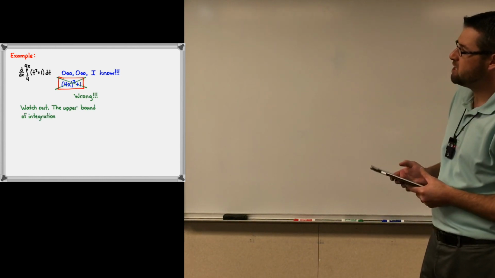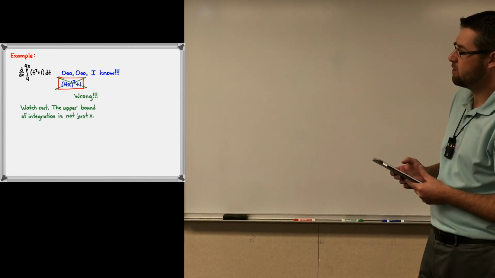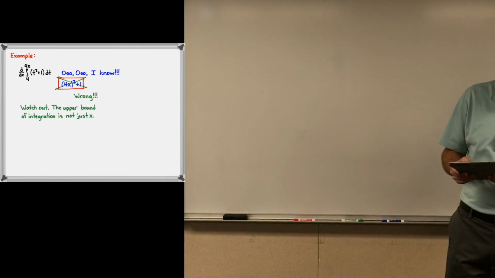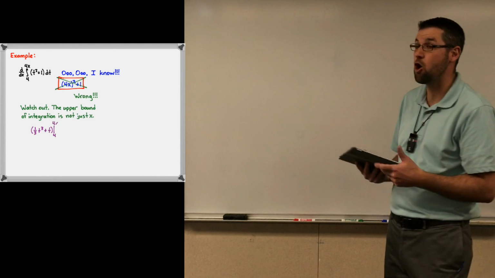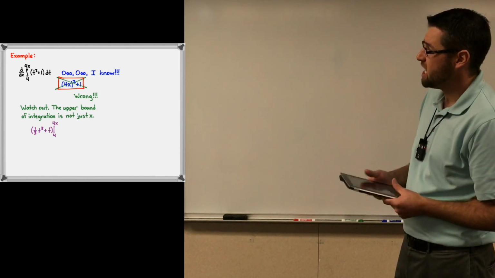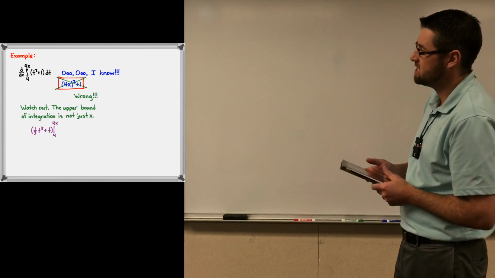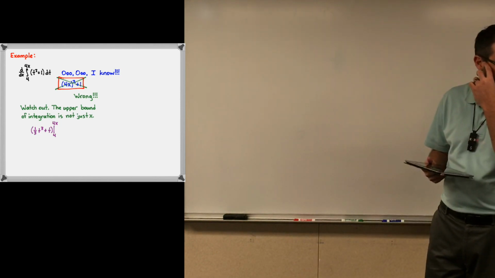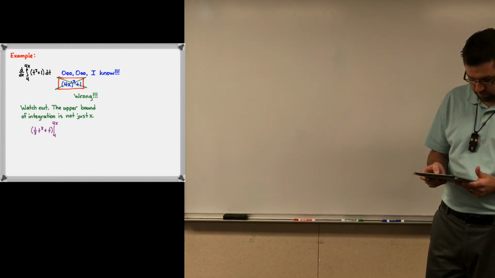Okay? And the reason we're doing this is because the upper bound is not the variable. It's something else. It's the multiple variable, or it's its own function in a sense. But the antiderivative is 1/3 t cubed plus t, and then we have to evaluate from 4 to 4x, right? Then what do we do?